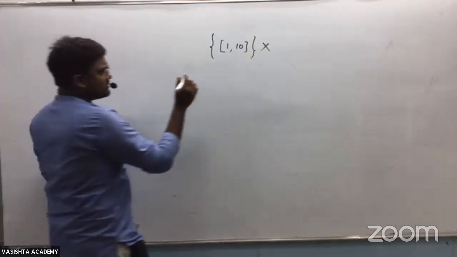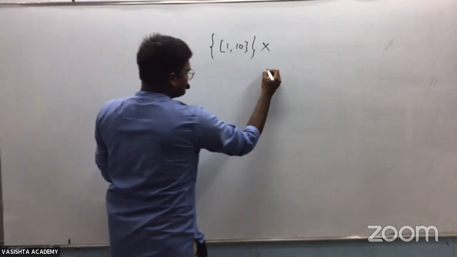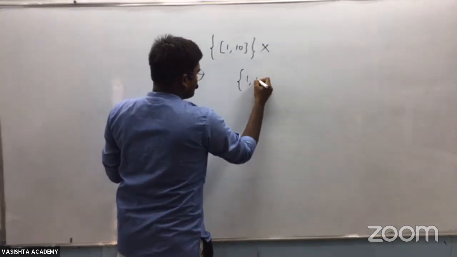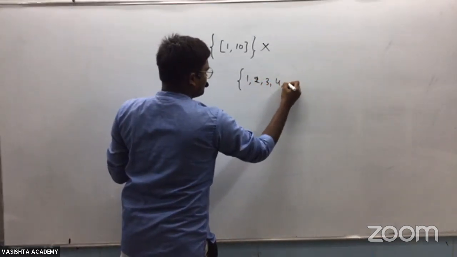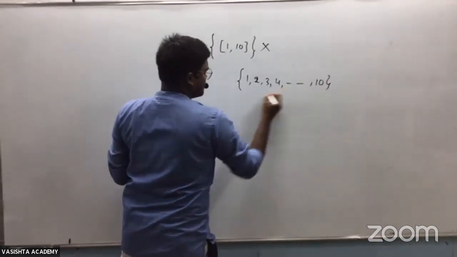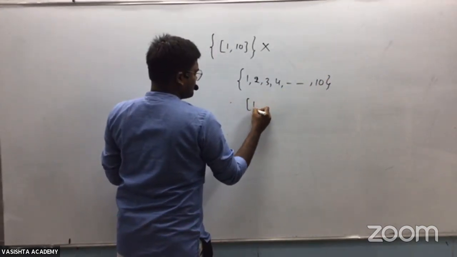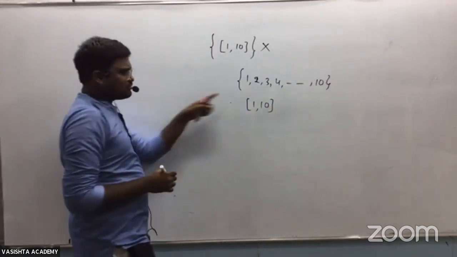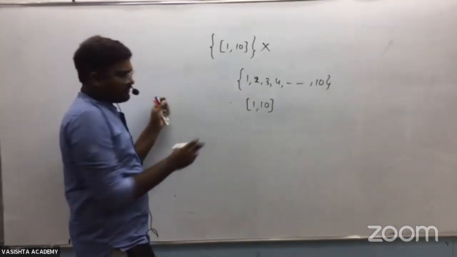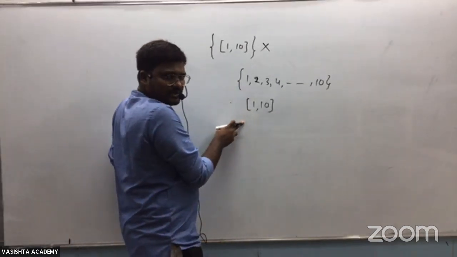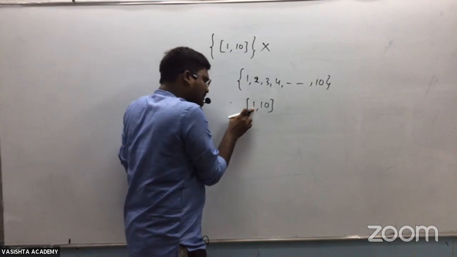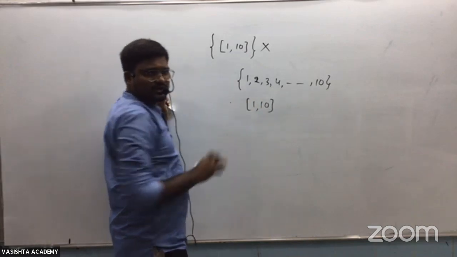Because, see, 1, 2, 3, 4 up to 10 is different from the closed interval 1 to 10. These two are not the same. When I say interval, it means that I am taking all the real numbers between 1 and 10, including 1 as well as 10.